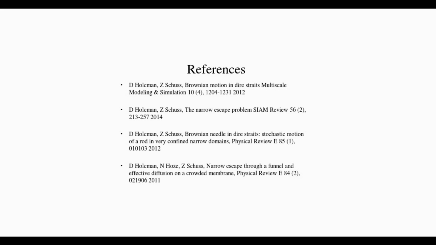So I would like to finish with the following references where the calculation has been provided. So for the first time in 2011, in the context of calculating diffusion in a surface paved with obstacles.